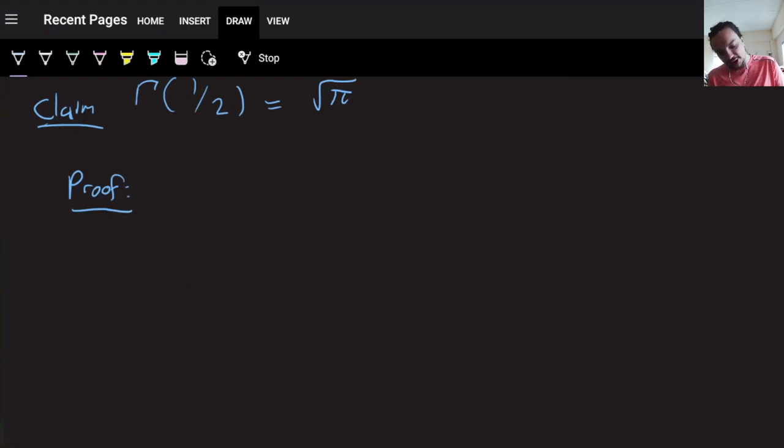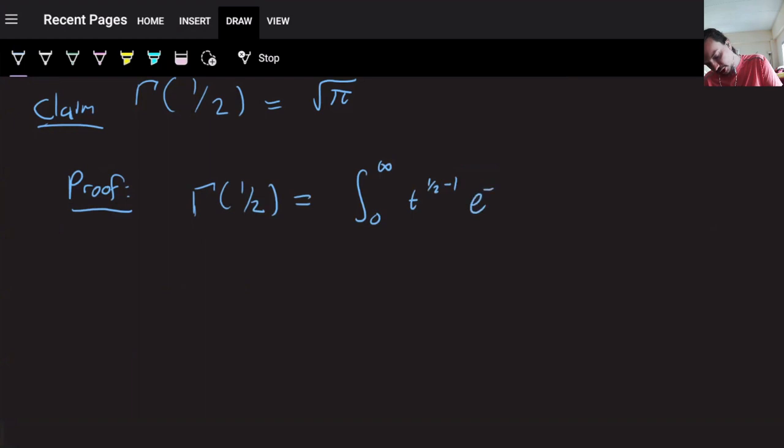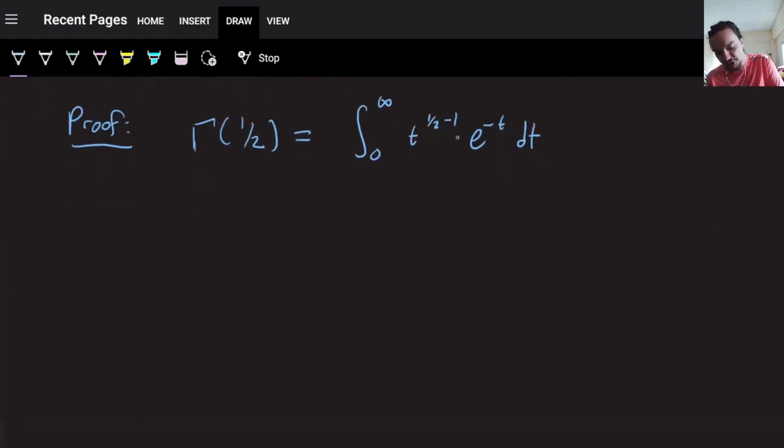So let's just write down what we have. That gamma of 1/2 is equal to the integral from 0 to infinity of t to the 1/2 minus 1 e to the minus t dt. Okay, and then if we simplify this, we can write this as t to the minus 1/2, which I can just write as 1 over the square root of t. Okay, and this integral does not look very nice.